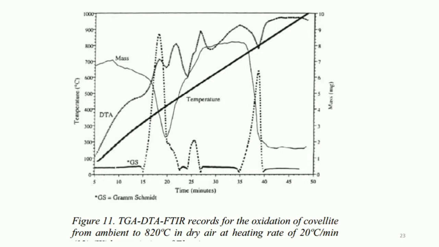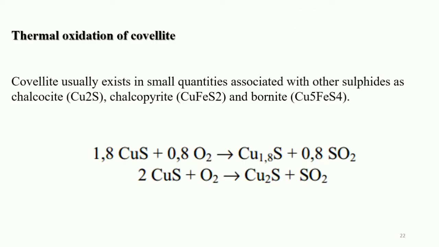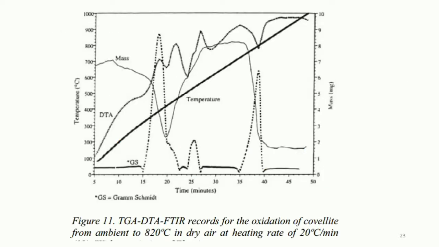These reactions give an exothermic peak in the DTA curve and a mass loss in the TGA thermogravimetric analysis curve between 330 and 420 degrees Celsius. Here we can see the exothermic peak in the DTA curves. This is the first step, occurring at about 330 to 420 degrees Celsius.